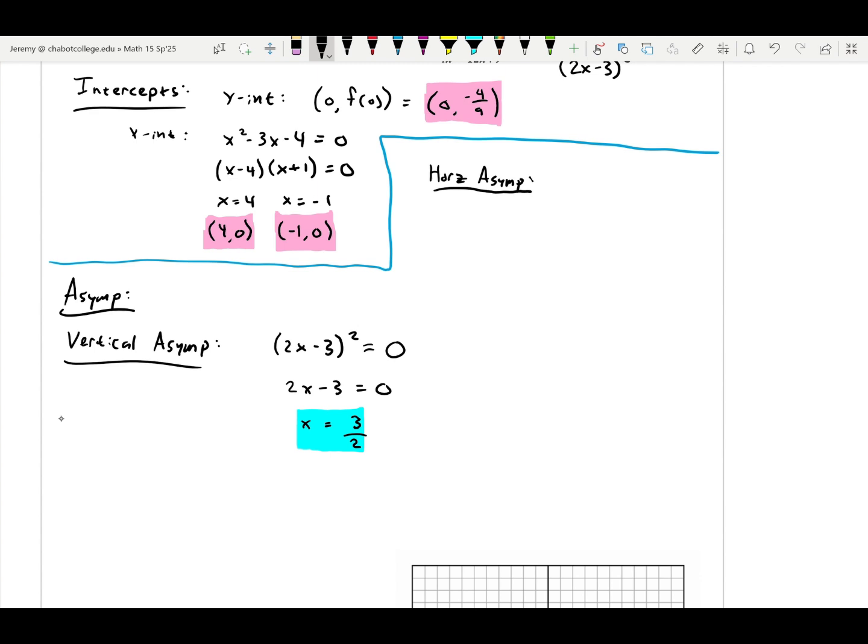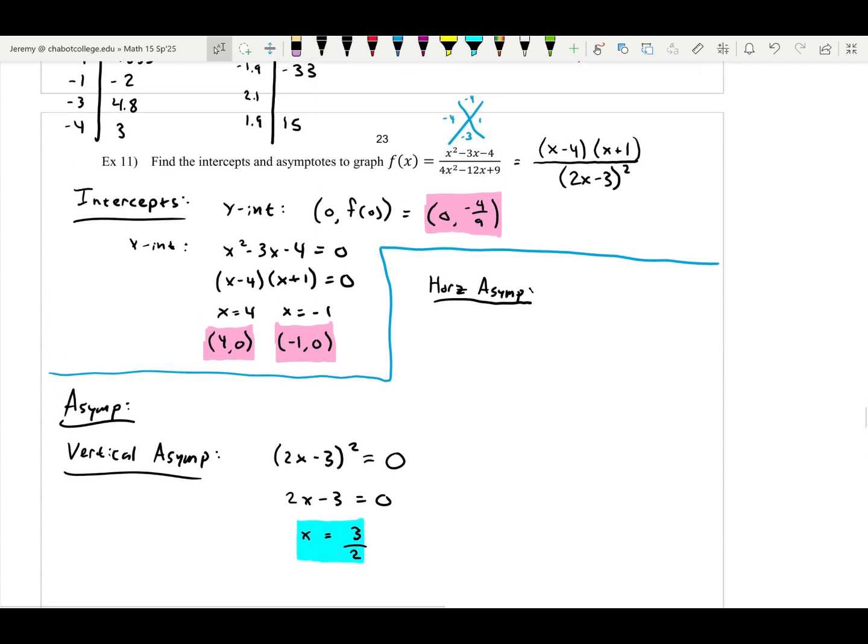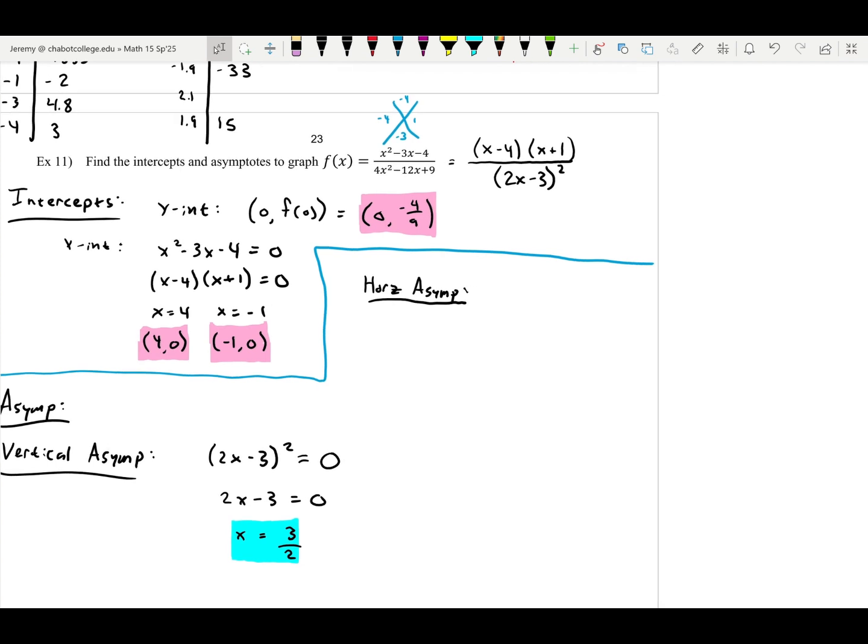So for the horizontal asymptote, we have to look at the function and see how the degree of the numerator and denominator compare. In this case, they're both quadratic again. So the degree of the numerator p is equal to the degree of the denominator q.